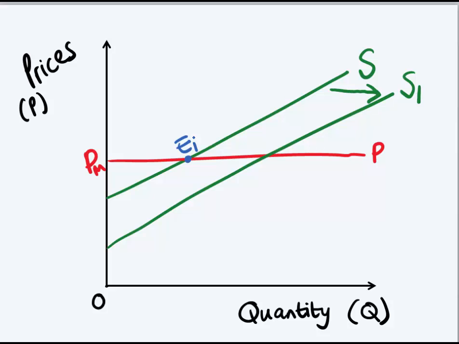Then the air quality improved, our supply curve moved from S to S1, and now we are at the equilibrium of E2. At the initial equilibrium, the farmer produced a quantity of Q1 crops, and after the improvement in air quality, he produced quantity Q2. So there's a huge improvement in his quantity of crops without him doing anything. Something external happened, the air quality improved somewhere else, and he just had some external benefits of that.